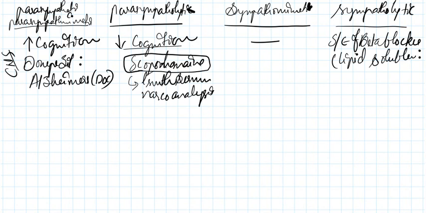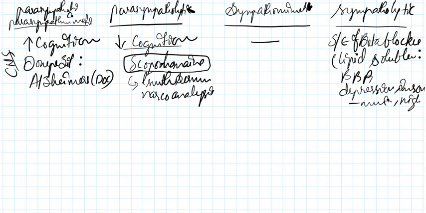They cause depression, insomnia and nightmares. So, these are the actions on CNS of parasympathomimetic, parasympatholytic, sympathomimetic and sympatholytic drugs.